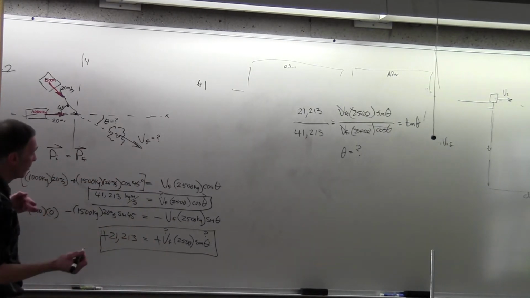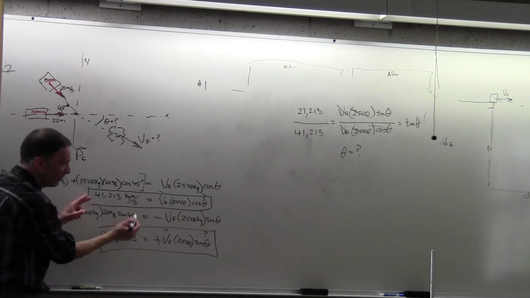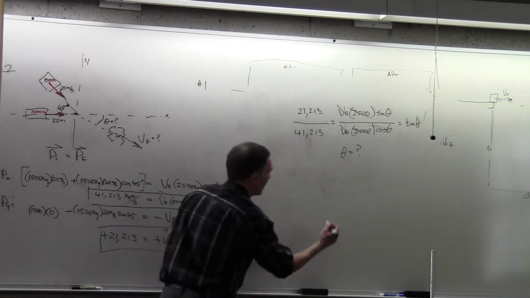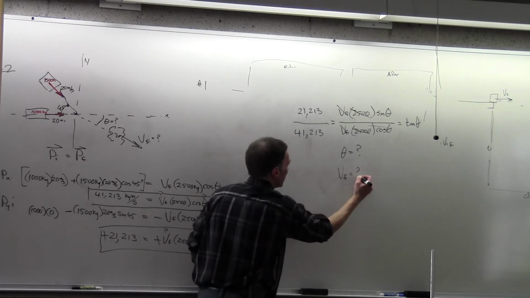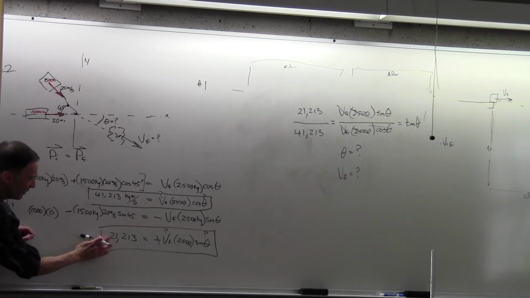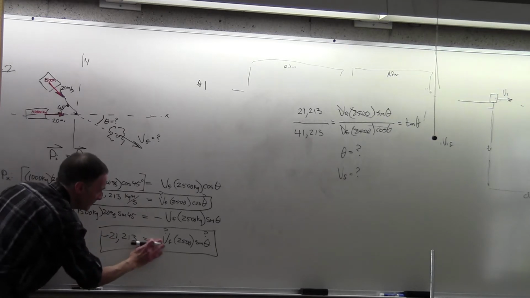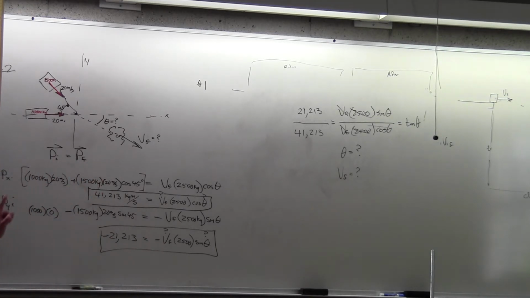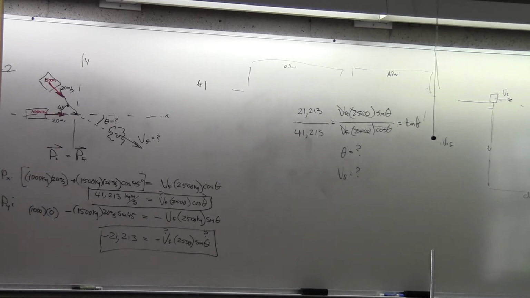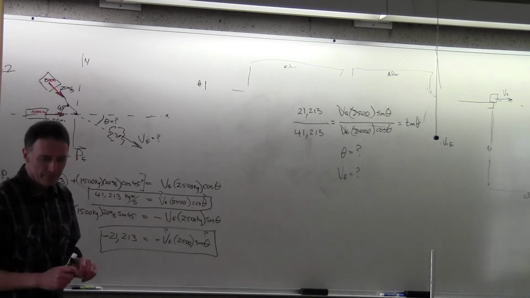Once I have that angle, then I can go back into either one of these two equations. Sticking in the angle, I can then go ahead and solve for V final. I had a negative here on both sides, a negative and a negative, and I ended up just wiping those off. Okay, so you can see my notes about more details on that problem. But anyway, I didn't mean to do as much with that.